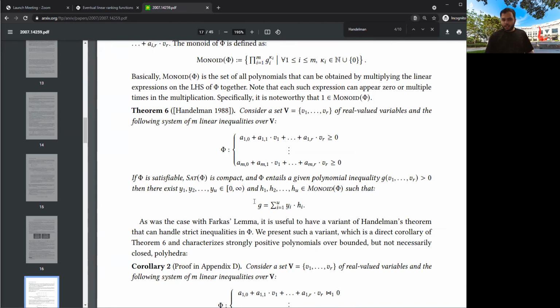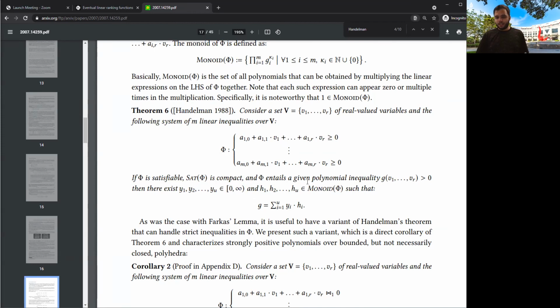then G is non-negative. And what Handelman does is that it's kind of also proving the other side. Of course, it comes with some side conditions. And basically, it proves that if phi implies that G is positive, and if phi is satisfiable, and if the set of points that satisfy phi is compact, and so on, then the opposite of what I said also holds.